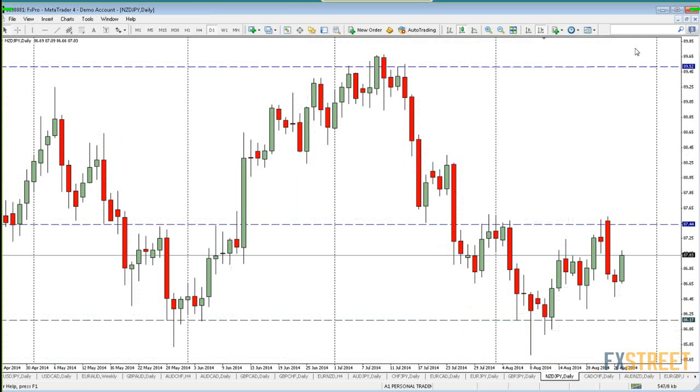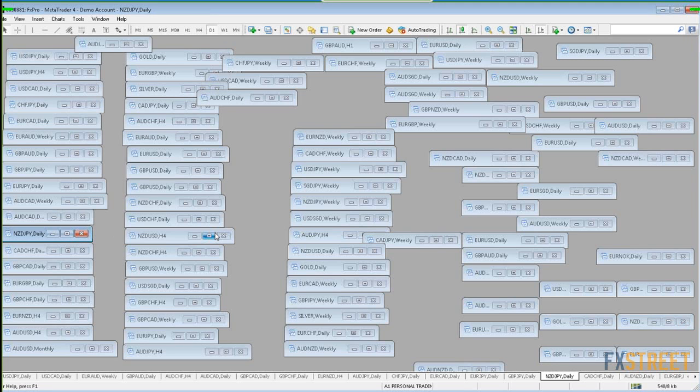It's the New Zealand dollar. They're all messed up. I usually have them in a nice order. Oh, that's New Zealand yen. No wonder that doesn't look right. It's the New Zealand weekly. I can't find it. Oh, there it is. Okay. All right.